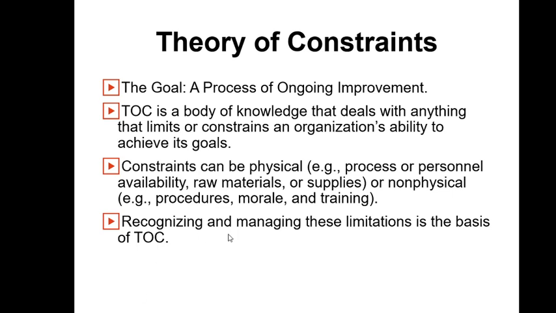Now, recognizing and managing these limitations, as I said, is the basis of the theory of constraints. So the theory of constraints, in brief, in summary, is always looking for any constraint that will limit the ability of the company to meet the demand of the market in terms of the volume that they are producing, either in manufacturing companies or in service companies.